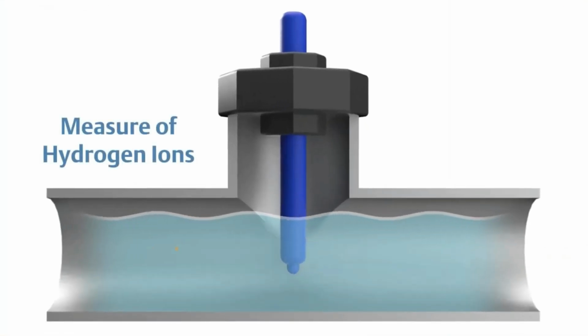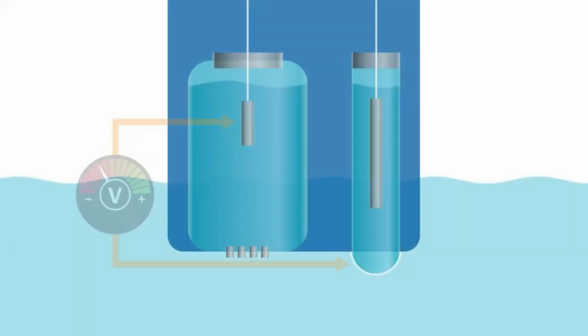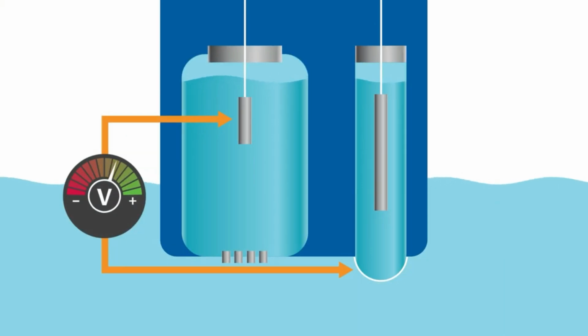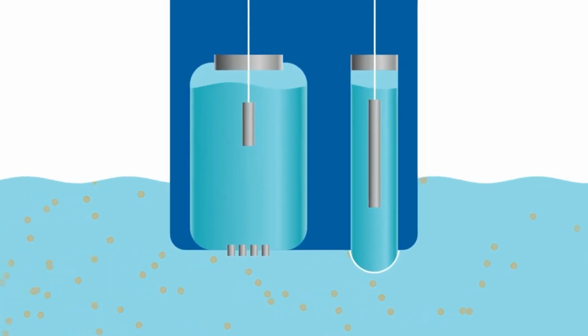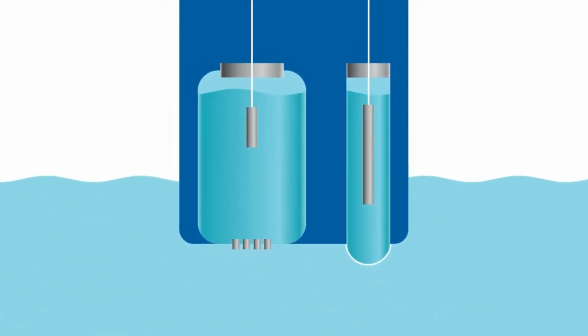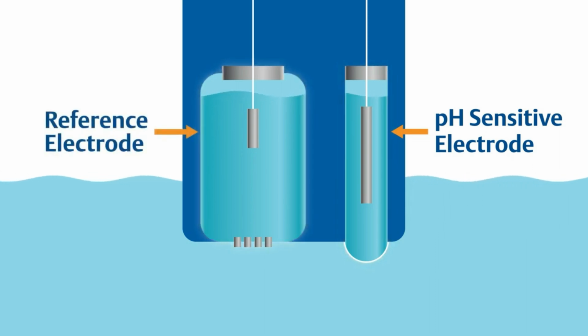pH is a measure of the concentration of hydrogen ions in a fluid. The most common method for online pH measurement is potentiometric glass pH sensors. These sensors work by producing an electrical voltage that is proportional to the hydrogen ion concentration in the fluid. pH sensors have two primary components, a pH-sensitive electrode and a reference electrode.